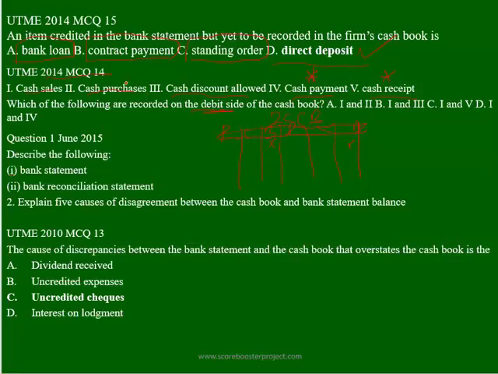If I made a cash purchase, it will also come to this side, because money will go out. Now, if I make a cash sale, are you okay? Cash sales will also come to this side. Now, let's look at the options here. Then we have discount allowed. Discount allowed is also on this side. But let's look at the options we have here.